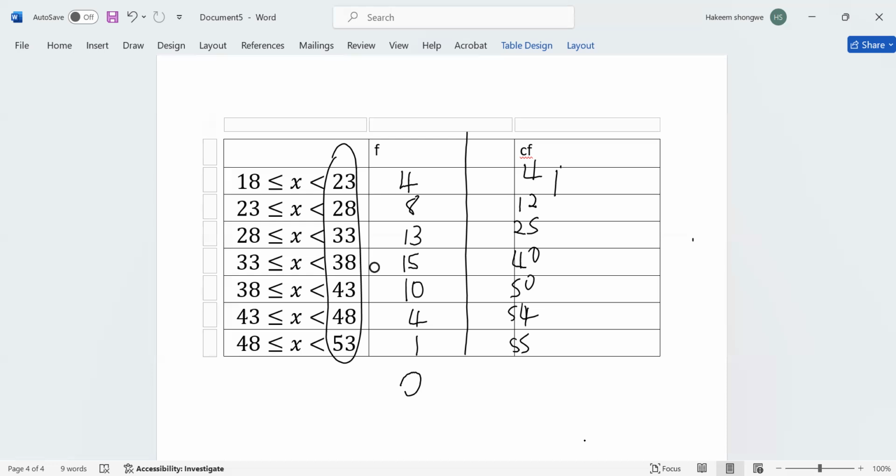If you wrote it at the cumulative, you wrote 18 and 0. Oh, you said 0 to 18.